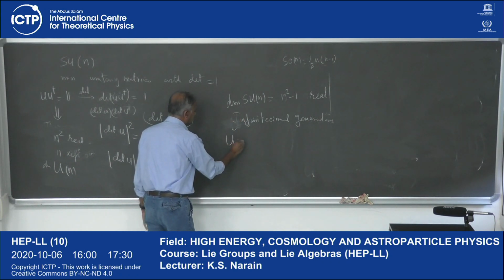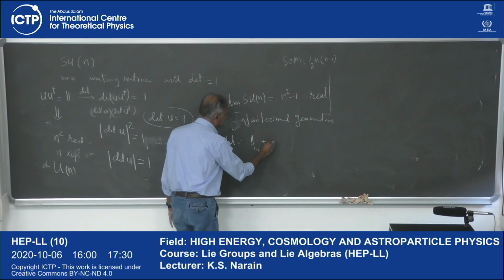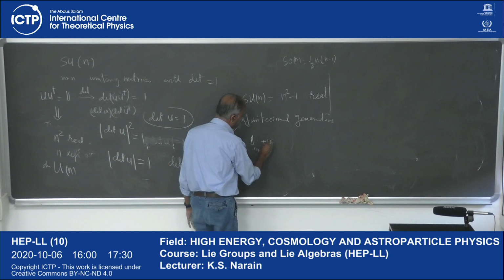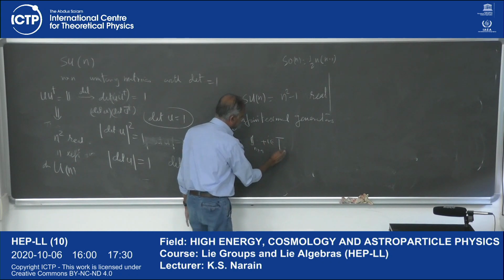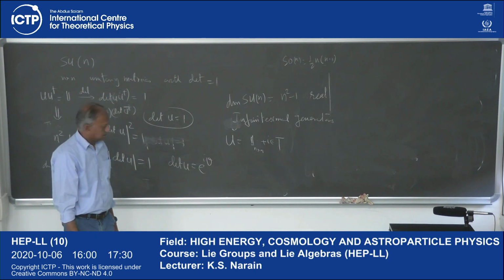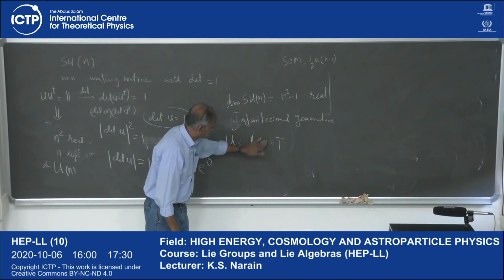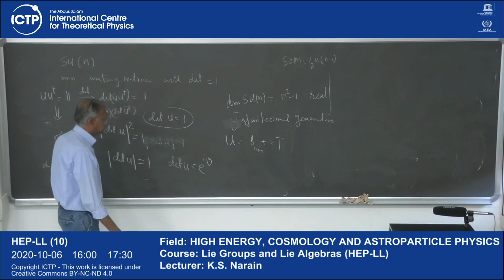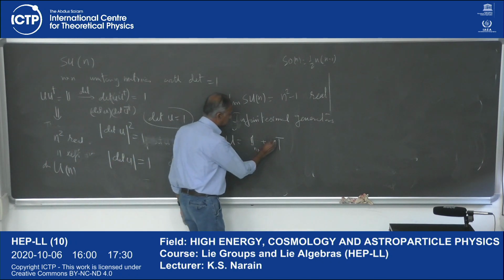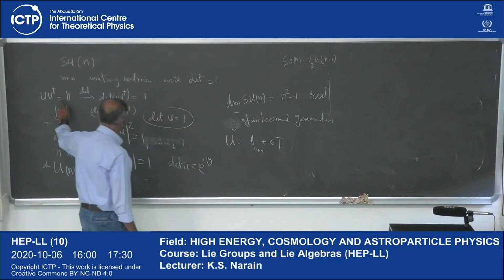So U, we write it as the identity, n by n identity, plus epsilon times T. Let me also put here an i. Actually, if you don't put i, then okay, let me not put i for the moment. So just epsilon times T. Let's see what condition this imposes.